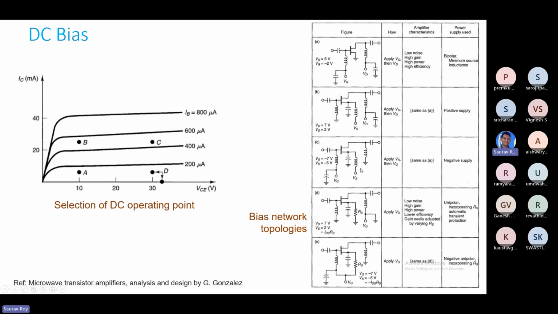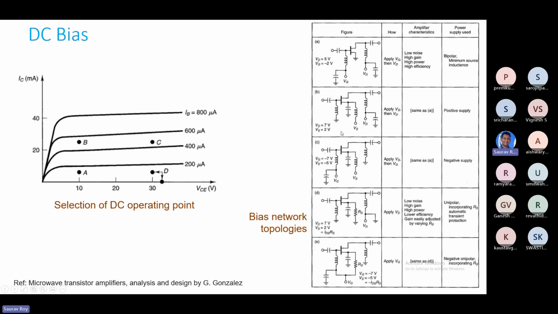As you see in this table, which is taken from the Gonzalez book, multiple topologies are possible. In this MOSFET, either you can bias through the gate or drain, or through gate or source, or any two of these three combinations. It depends on what kind of characteristics you want.